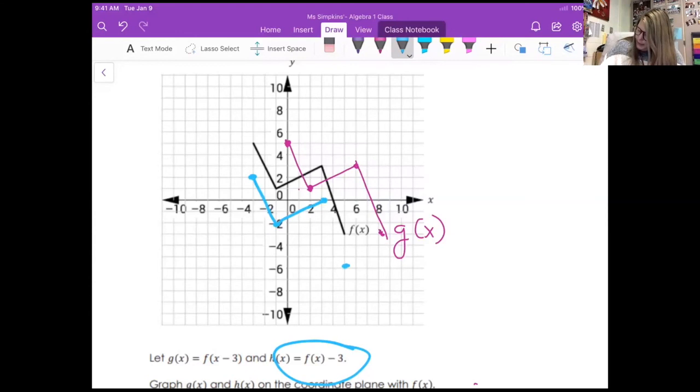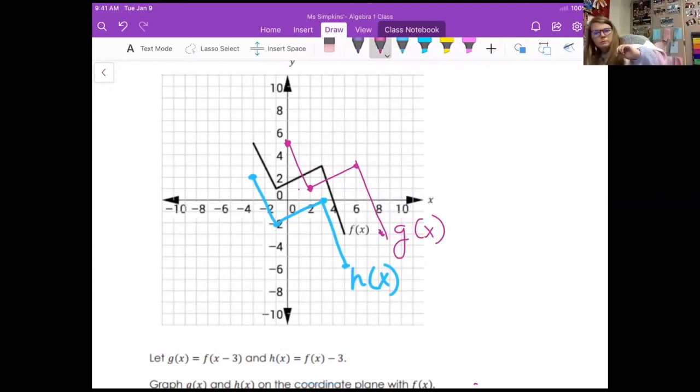And that one is h of x. Give you just a moment and then we'll look at that last table.